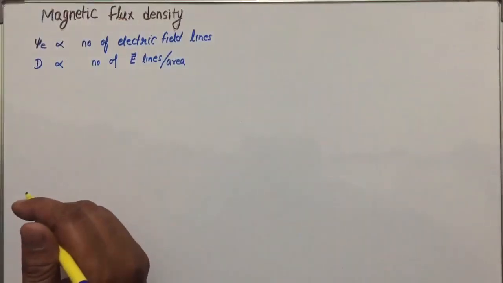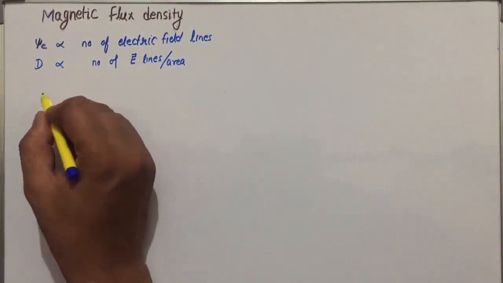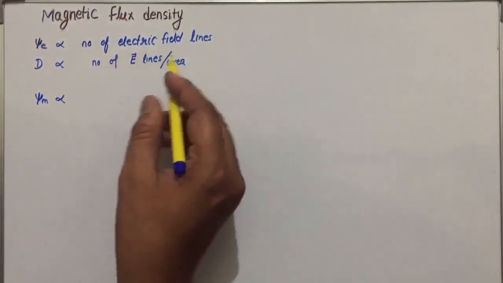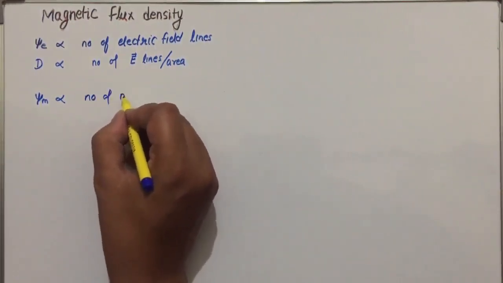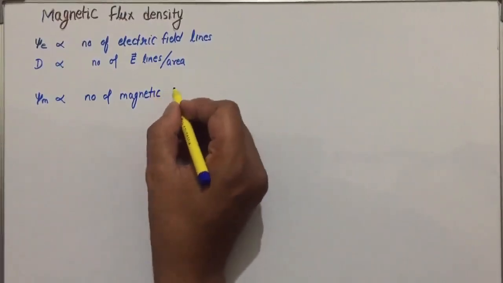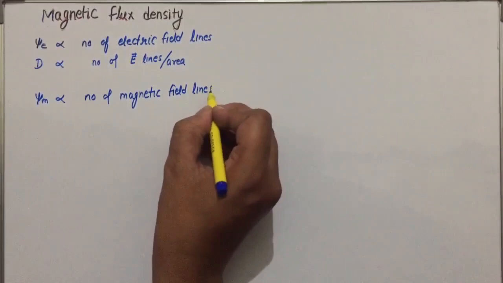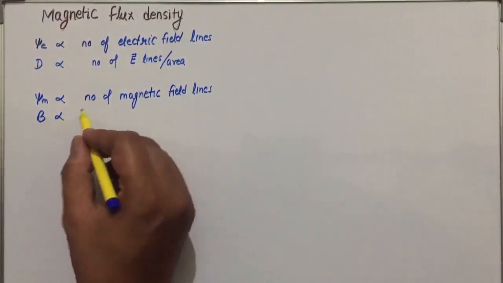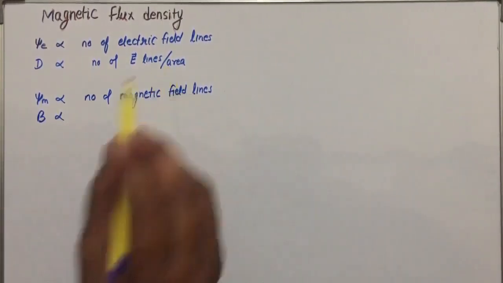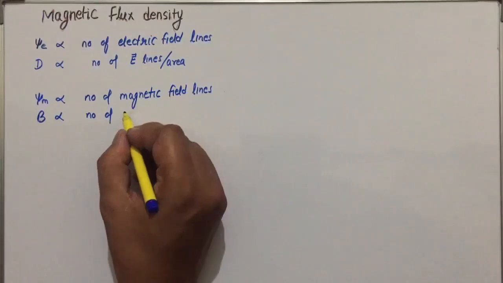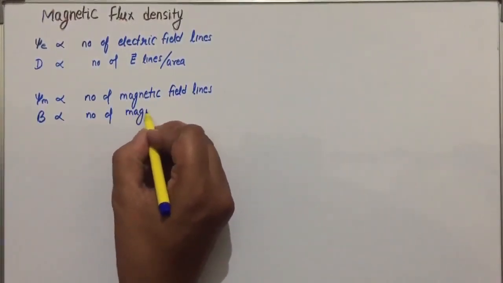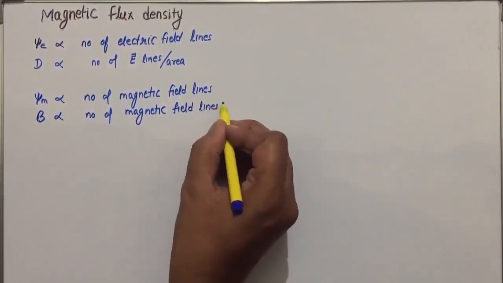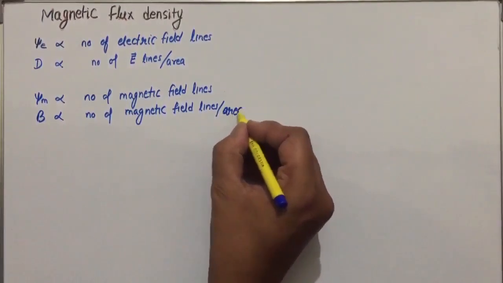Similarly, in magnetostatics, the magnetic flux is proportional to the number of magnetic field lines, and the density that is represented by B, magnetic flux density, is proportional to the number of magnetic field lines per unit area.